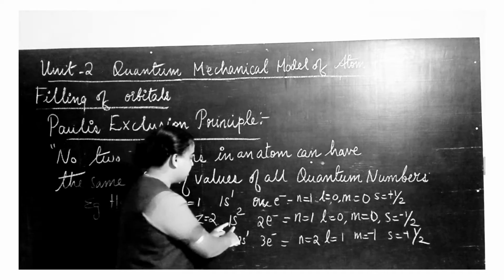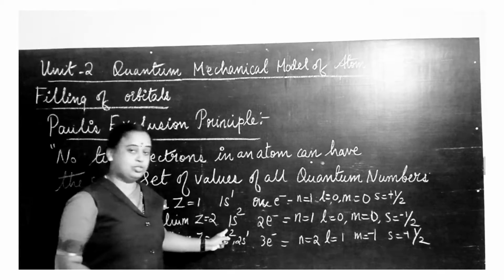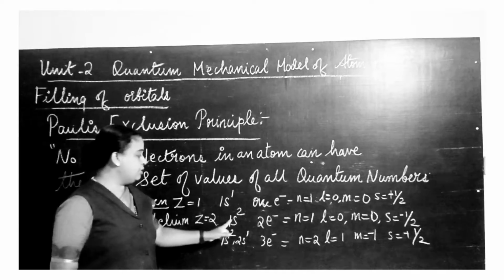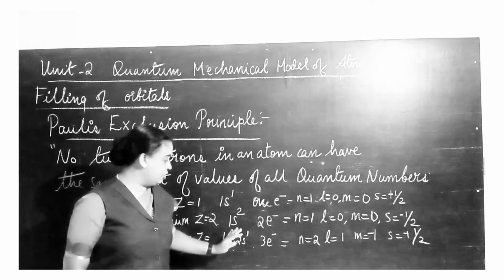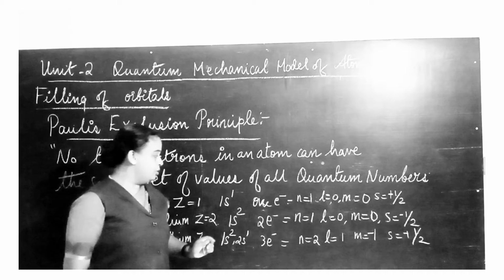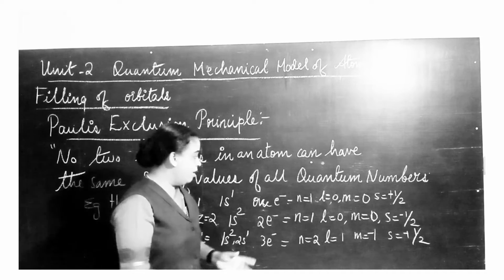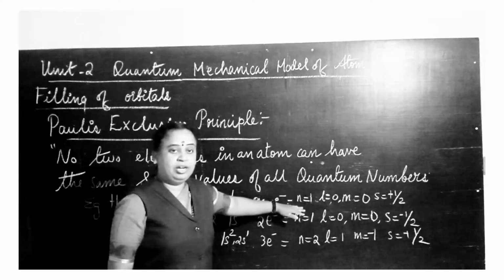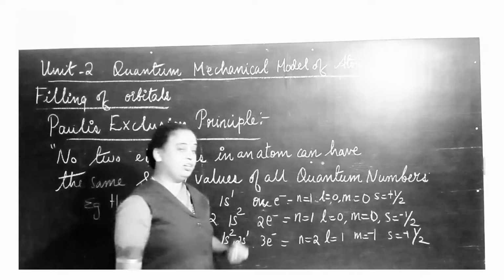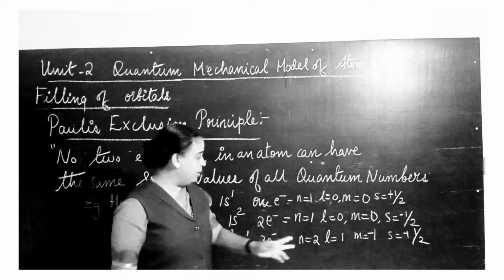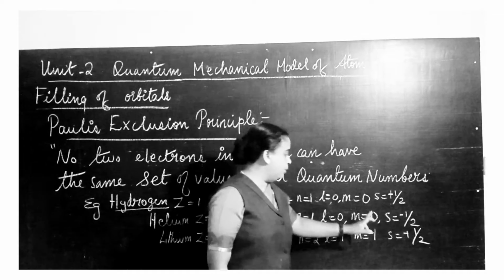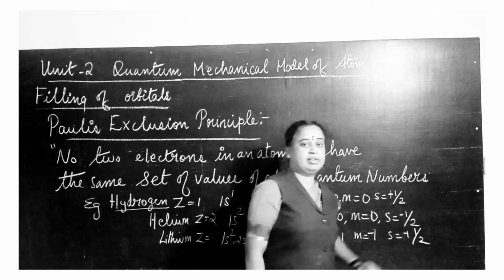So these 2 electrons will be present in the s orbital, 1s2. Got it? First shell, s orbital. Of these 2 electrons, 1 electron will have the quantum number values as in the case of hydrogen, and the other electron will have n is equal to 1, l is equal to 0, m is equal to 0, s is equal to minus half.